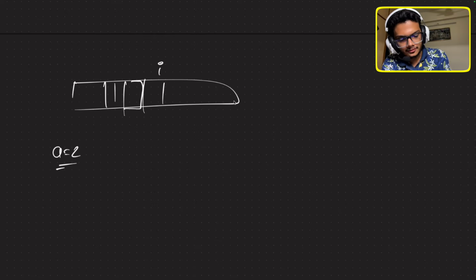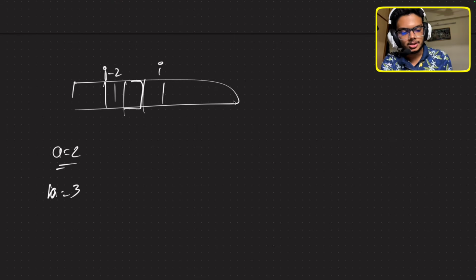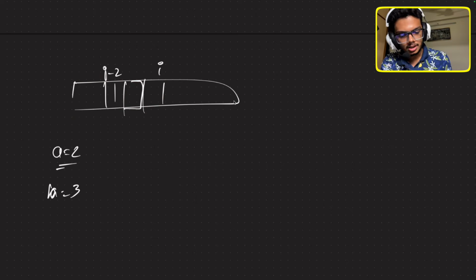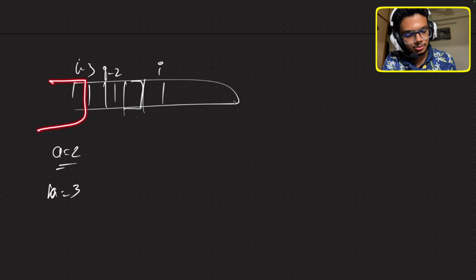But then you will start from I minus 2, right? And let's say b was 3. So we're considering all the subarrays of size 2 and 3. So that means you can subtract pi minus 2 because it's going to give you a subarray sum of size 2. You can also subtract I minus 3, because when you subtract I minus 3, it's going to return you a subarray of size 3 as well, right?